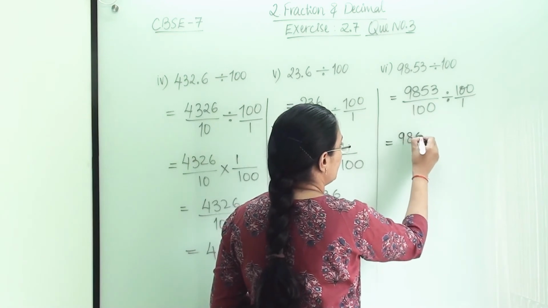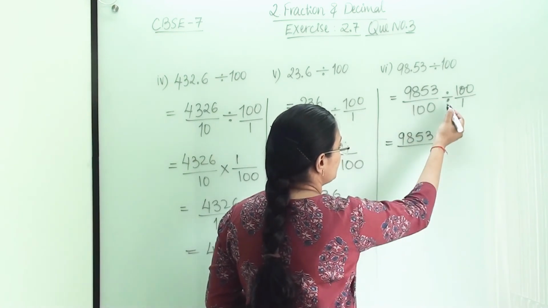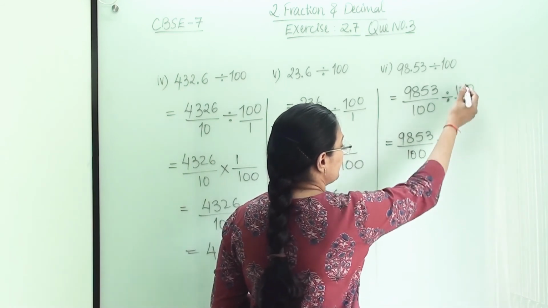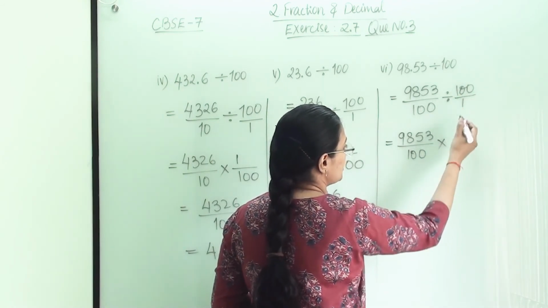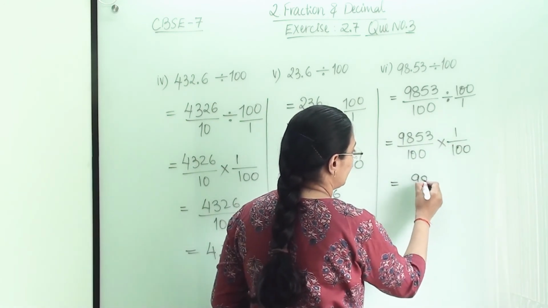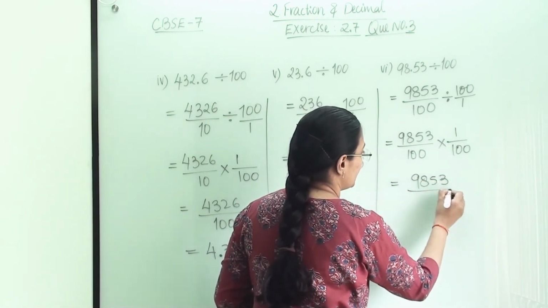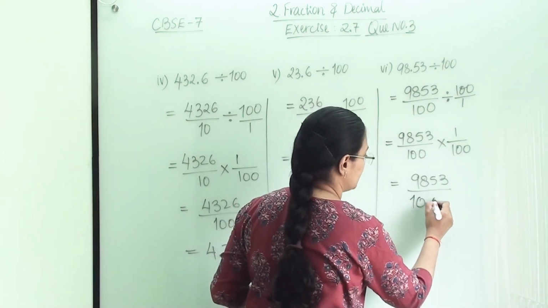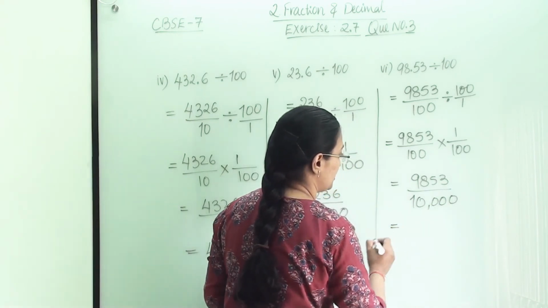Now we convert this division into multiplication and take this fraction's reciprocal, so 1 divided by 100. Now we get 9853 over 100 into 100, so we get 10,000 in its denominator.